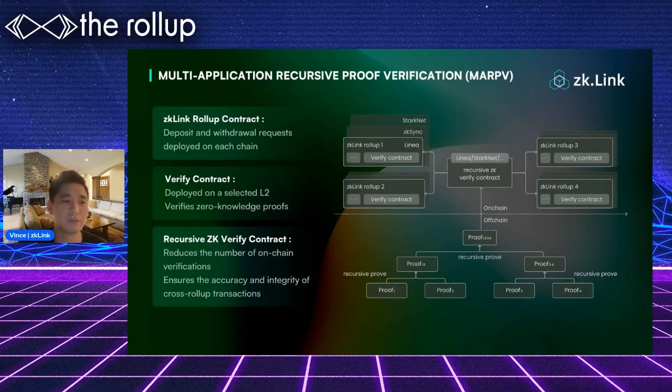So if we could do fewer verifications by using recursive proofs, this would be very interesting for any type of application that is able to use this. So on zkLink's Nexus platform, we are implementing the MARPV, multi-application recursive proof verification, designed by ourselves.